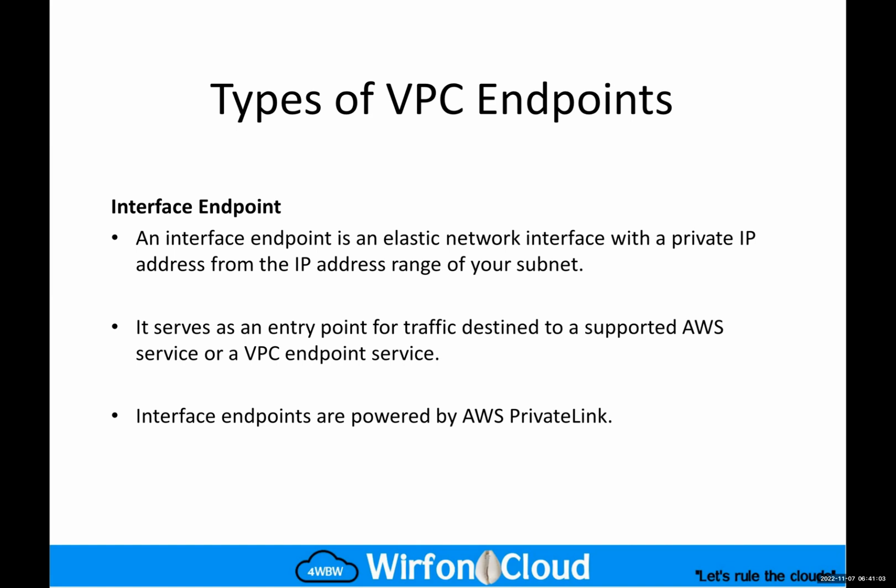It serves as an entry point for traffic destined to AWS services or a VPC endpoint service. Again, as already emphasized, interface endpoints are powered by AWS PrivateLink, so there's no communication over the internet.